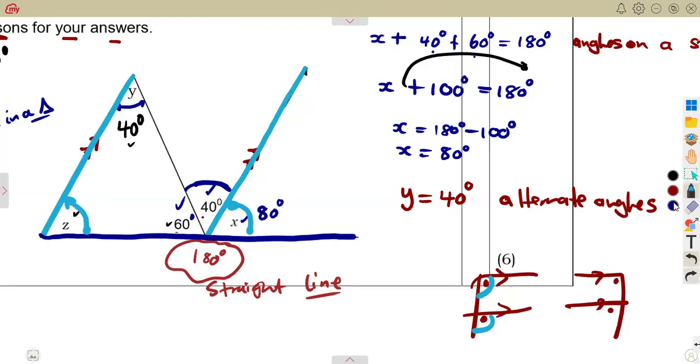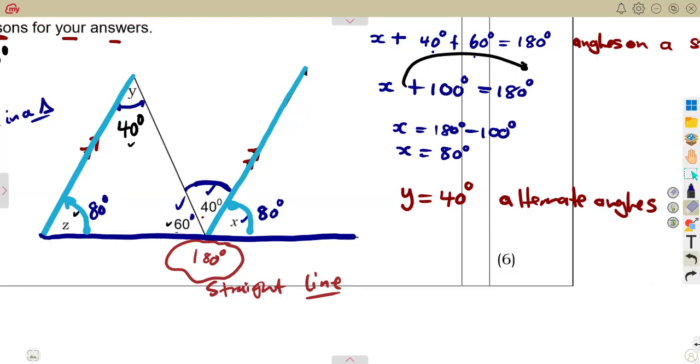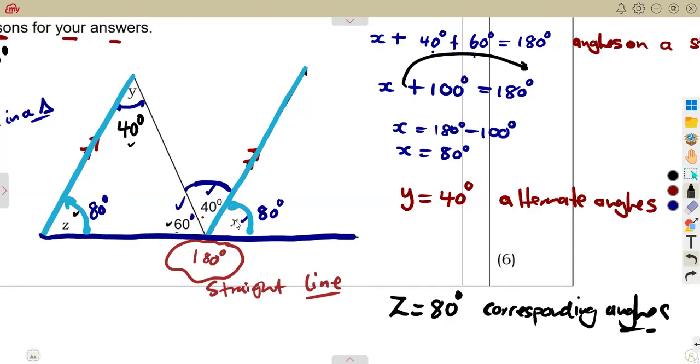So these are corresponding angles. So Z was simply going to be taken as 80 degrees. If you consider it that way, our Z was simply equivalent to 80 degrees from this one that we are given, referring to these as corresponding angles. It is corresponding to this other 80 degrees that you're given.